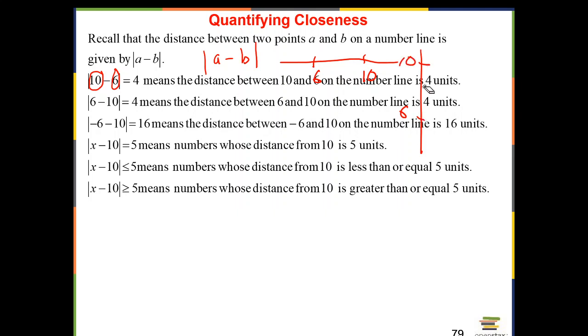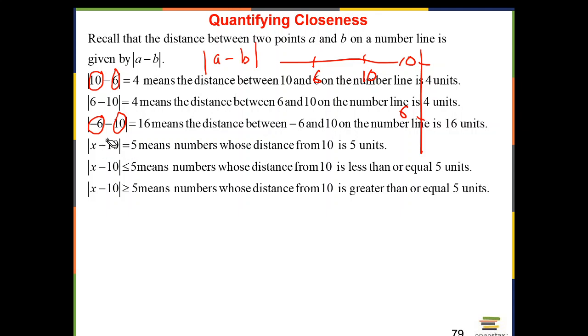It means the distance between 6 and 10. And this is the same thing, distance between 10 and 6. Here it means the distance between negative 6 and 10. And this means the distance between some number and 10. But of course this number could be any number that works, right?